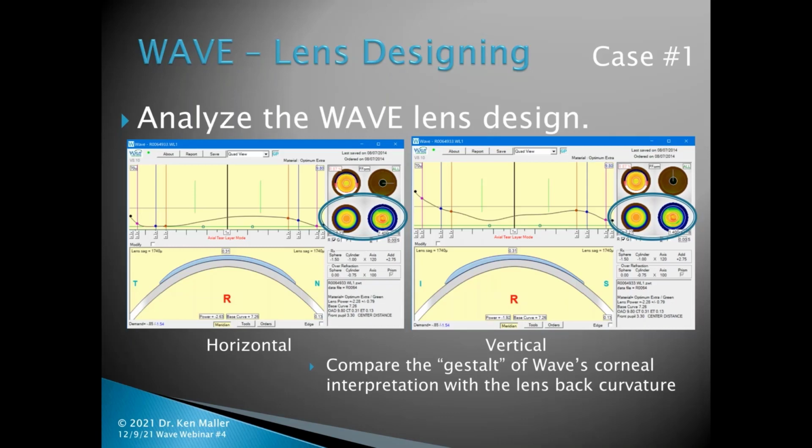So if we're doing a lens design, we still should have a reasonably close similarity, if we want an aligned lens, between the lower left graphic, which is the back curvature map of the lens, and the lower right graphic, which is the corneal interpretation that Wave is displaying for us in a color-matched curvature display.